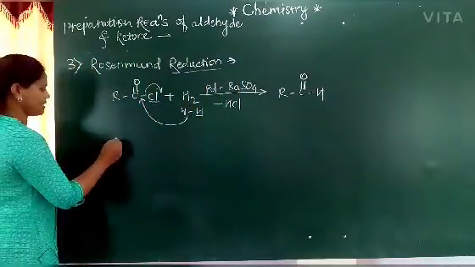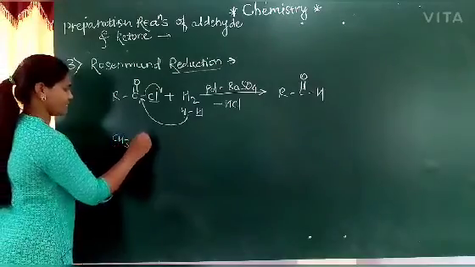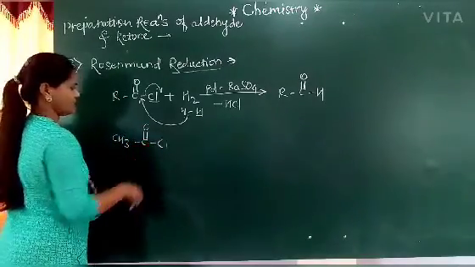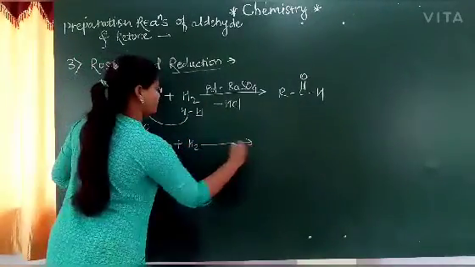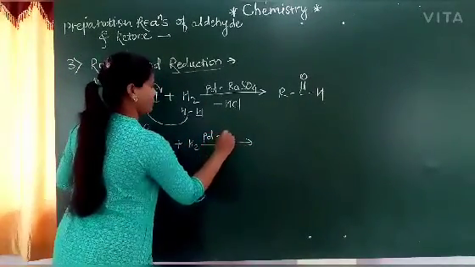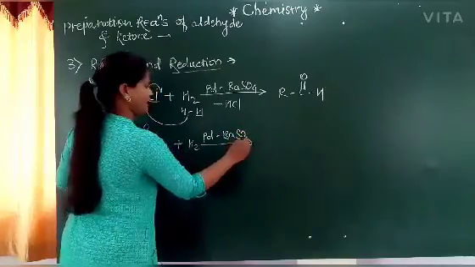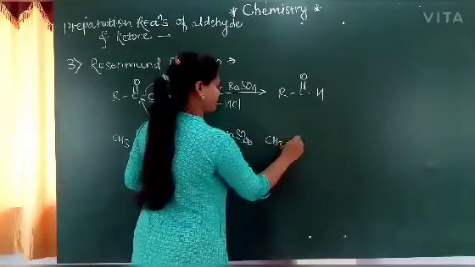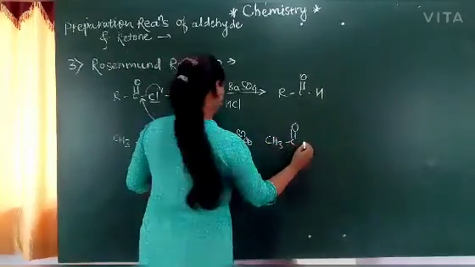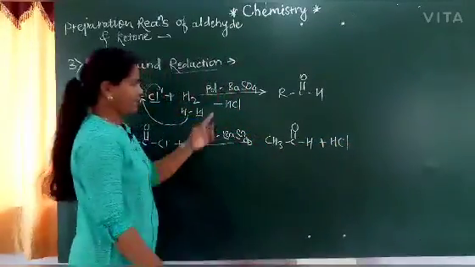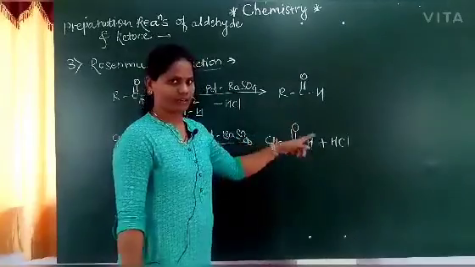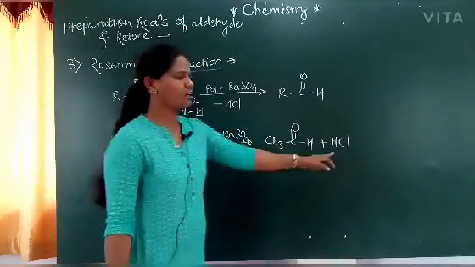We will see one example. CH3 C double bond O Cl, okay, it reacts with hydrogen, then it will form acetaldehyde, CH3 C double bond O H plus HCl. See, I have shown the byproduct in both ways. Either you can show it like this or like this.